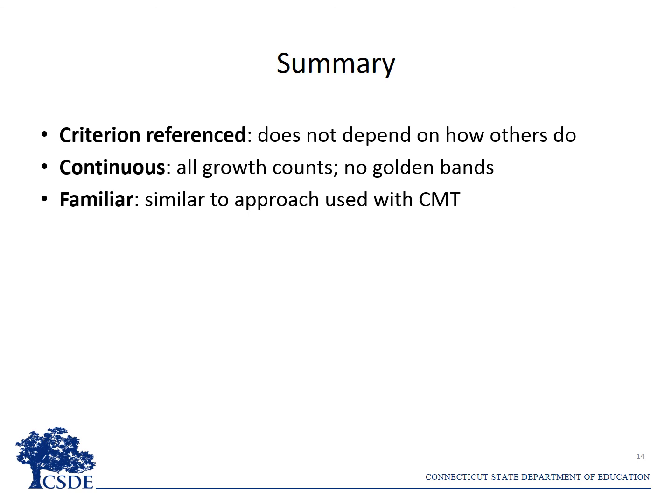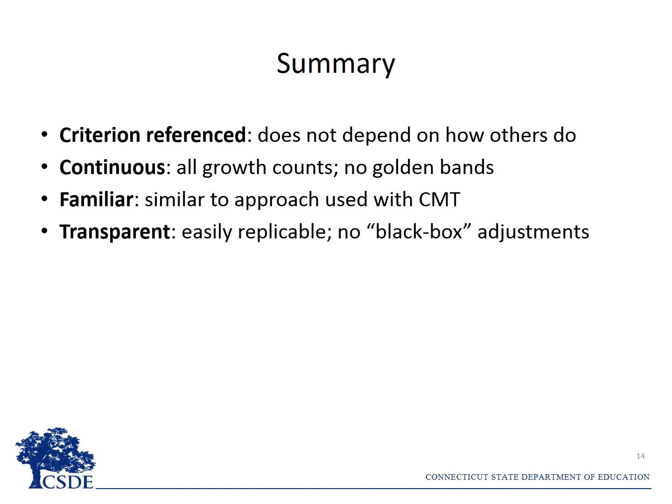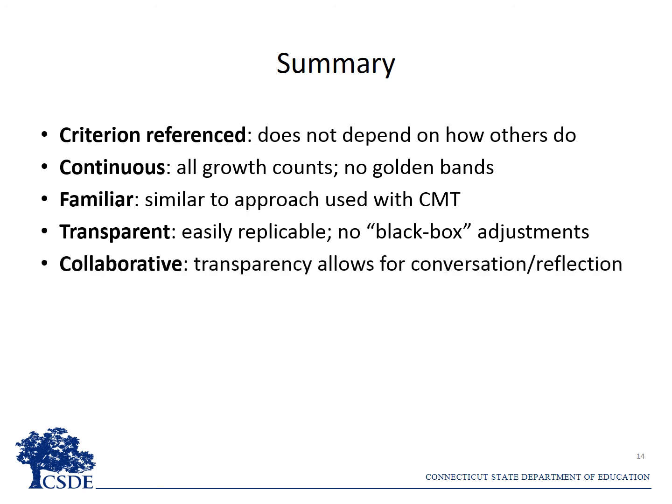It is familiar because it uses an approach similar to that used with the CMT. It is transparent. Local districts and schools can replicate the results. There are no black box adjustments to the growth results. It is collaborative because the transparency allows for conversation and reflection among educators. It is fair because it excludes partial year students.